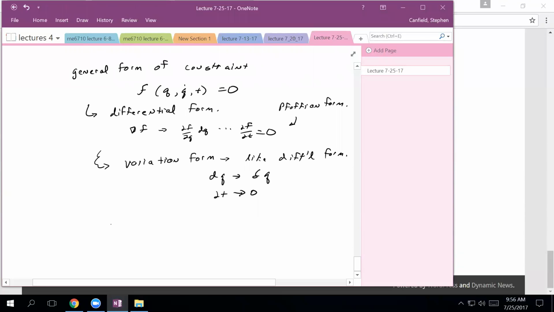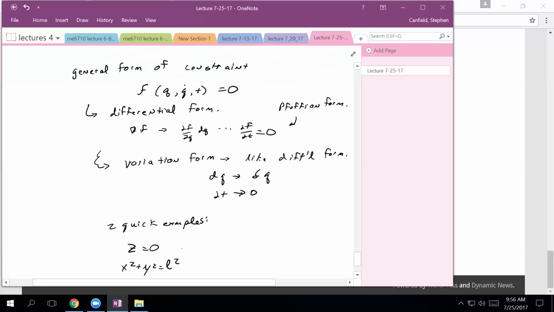Let's do 2 quick examples. Let's say I have an example where I have a constraint z equals 0 and a constraint x squared plus y squared equals L squared.